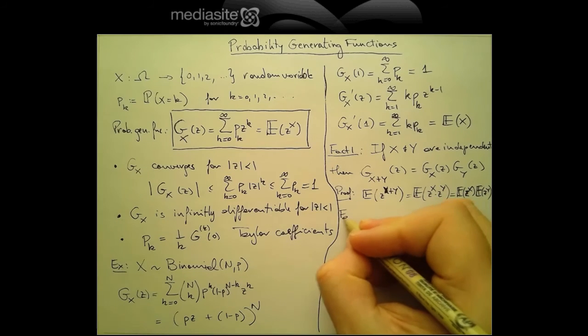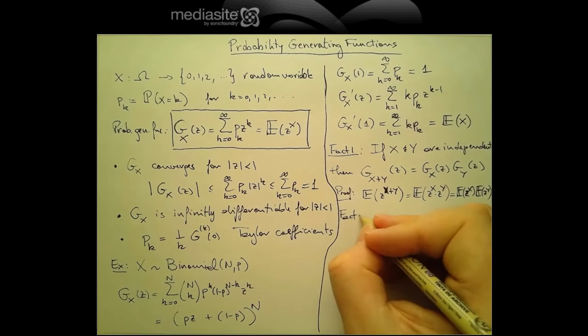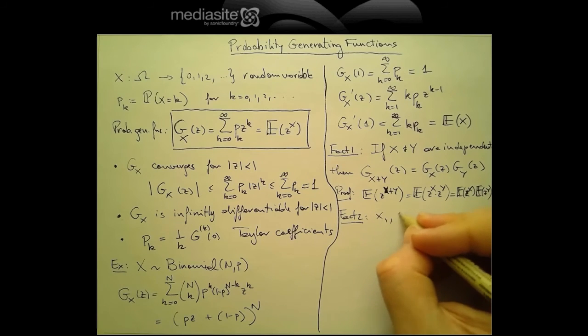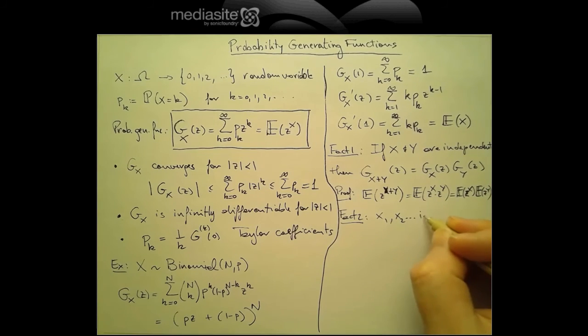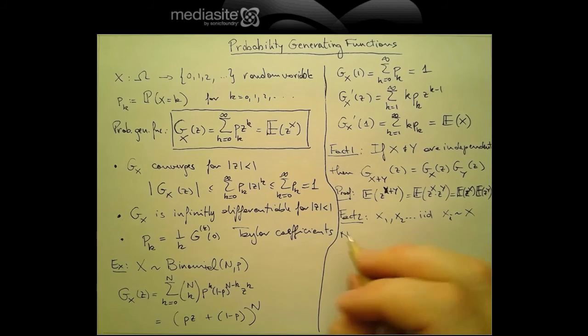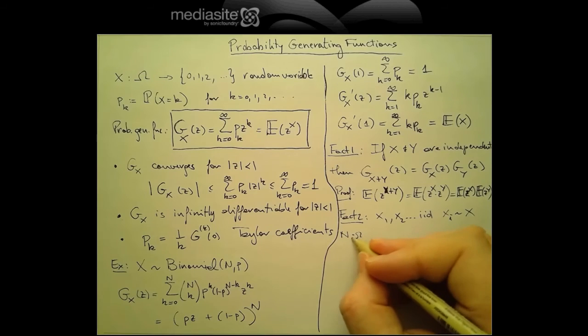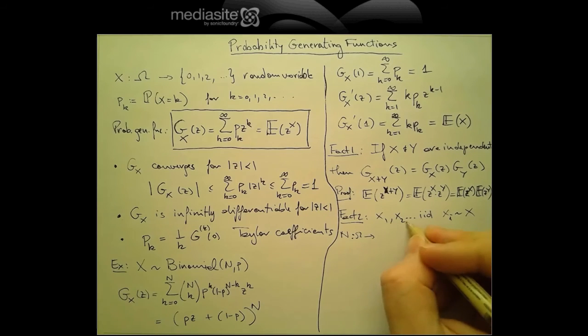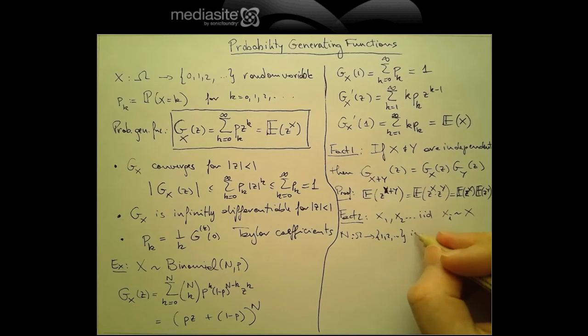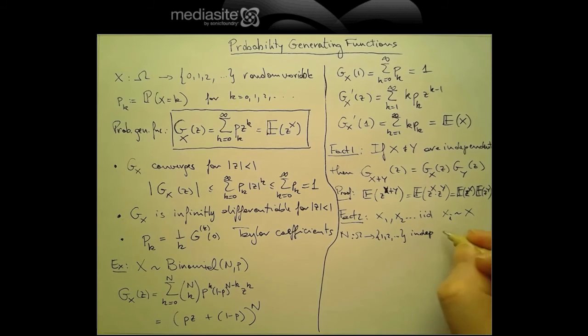Another interesting fact has to do with random sums. So suppose I have a sequence of independent, identically distributed random variables, and these are all distributed like some variable X. And let's assume that N is a random time, so it takes values in the indices 1, 2, etc. So N should be independent of everything.